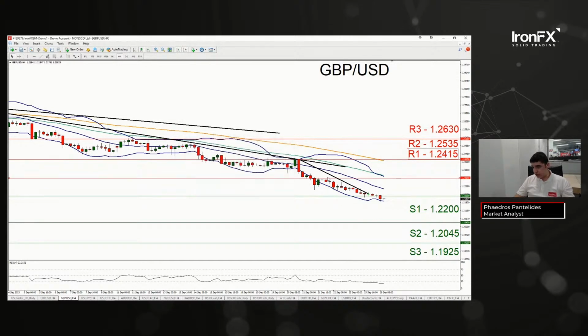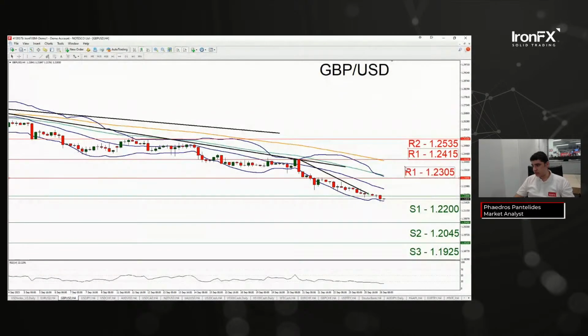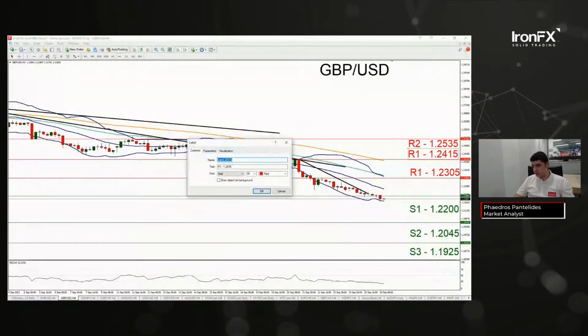Let's see if that still coincides. Yes, it does. So this is our new R1, and then we're adjusting our resistance levels to this. This becomes R2, and then we have R3.